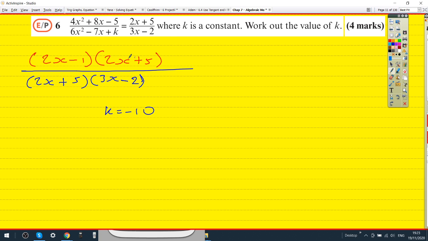No, 2x plus 5 doesn't cancel. We need 2x plus 5 on the top. 2x plus 5 definitely isn't on the bottom. What is on the bottom? So would it be 3x minus 2 then? Yes, 3x minus 2 is on the bottom.